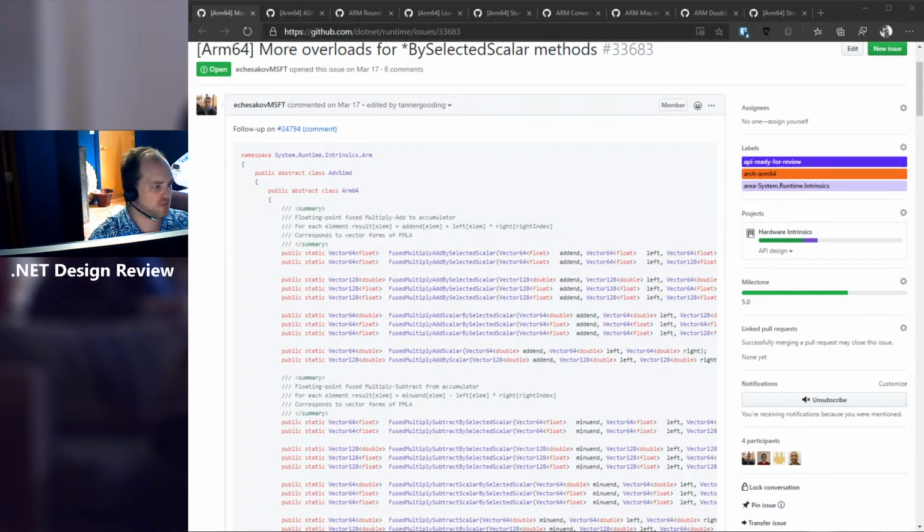And the instruction there does not take an index. I believe it does, but it can only be zero because there's only one element in the vector of double, long or U-long.